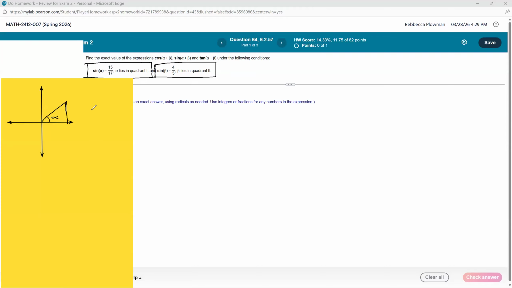We know that sine of alpha is 15 over 17, which is my opposite over my hypotenuse. So opposite is 15, hypotenuse is 17. So what I need to know is, what is x down here? So that means I just need to figure out x squared plus 15 squared equals 17 squared. Or x is just plus or minus the square root of 17 squared minus 15 squared.